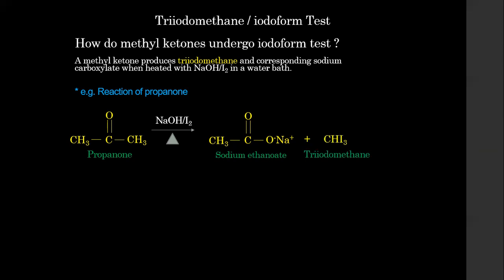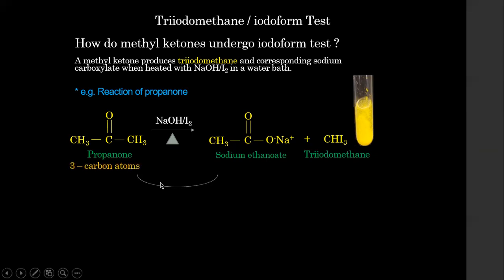When this reaction happens, there's something very, very important. Look at the propanone molecule: it has 3 carbon atoms. In sodium ethanoate, the number of carbon atoms has decreased to 2.